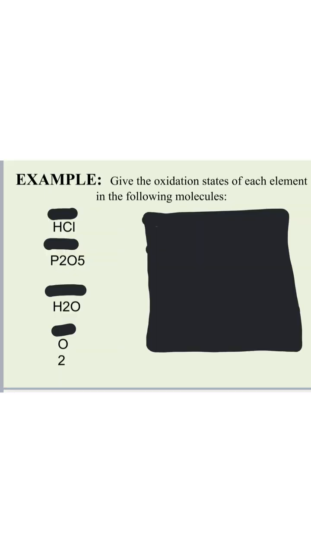All right, so my formatting's a little off and I had to hide some things that I couldn't hide before. So let's do these examples together. It says, give the oxidation state for each element in the following molecules. So what we're going to do is we're going to look at our rules and follow those first, and then if anything's left over, we will go from there. So HCl is not a free element because it's in a compound, so we're going to ignore number 1. Number 2 says the net charge of the compound is equal to the sum of the oxidation numbers.